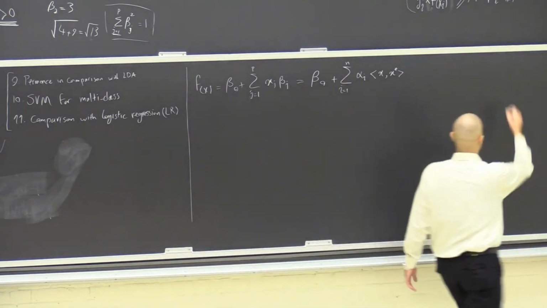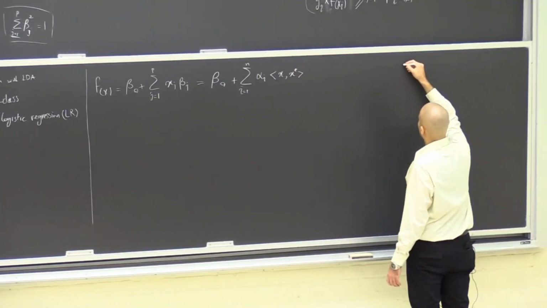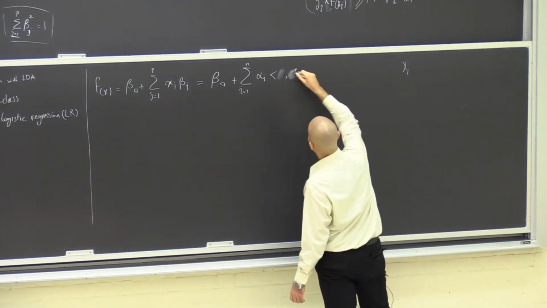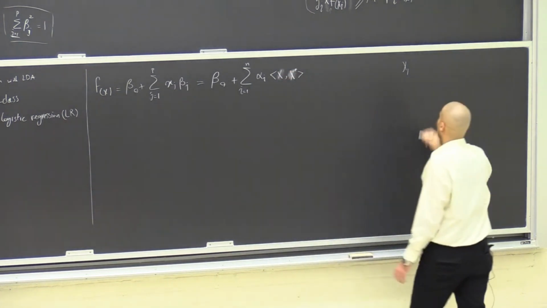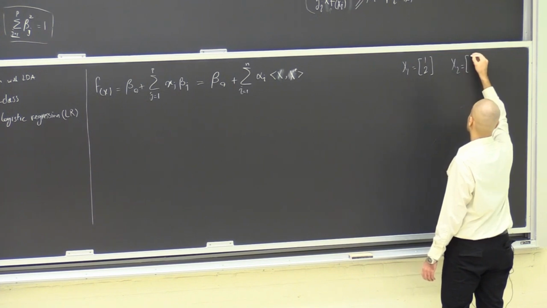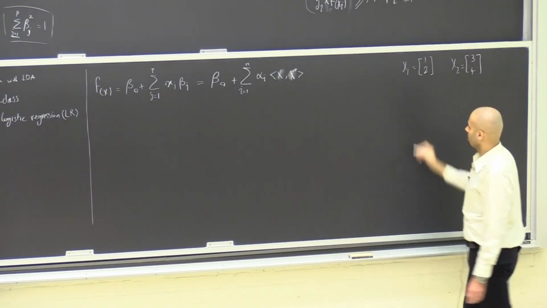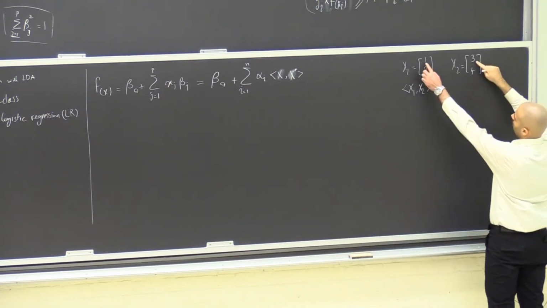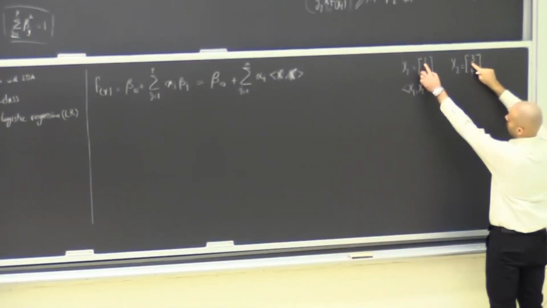The inner product, just to recap: if you have two vectors, these are vectors, and the inner product is just the sum of multiplying the corresponding entries. So 1 times 3, 3, plus 2 times 4, 8. So this is the inner product.